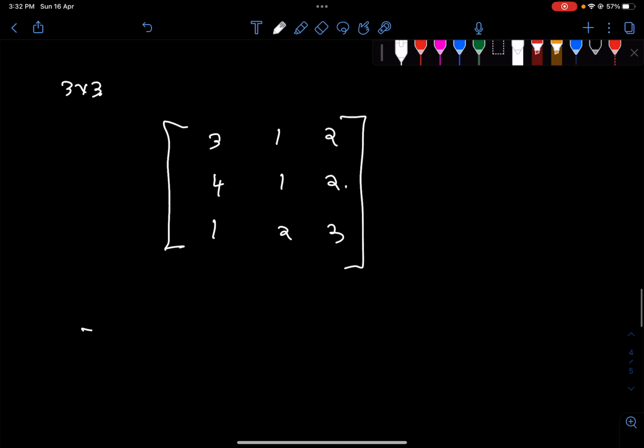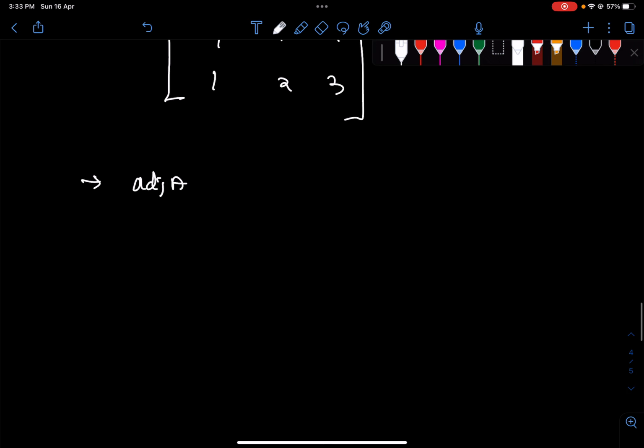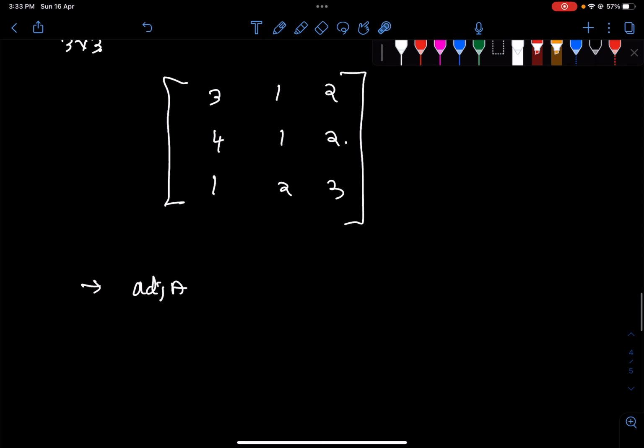For this one, we first have to get the adjoint of A. For a 2 by 2 matrix, it's very easy to locate the adjoint, but right now we have a 3 by 3 matrix. For that, we should know the minor matrix and the cofactor matrix. I should discuss that right now.